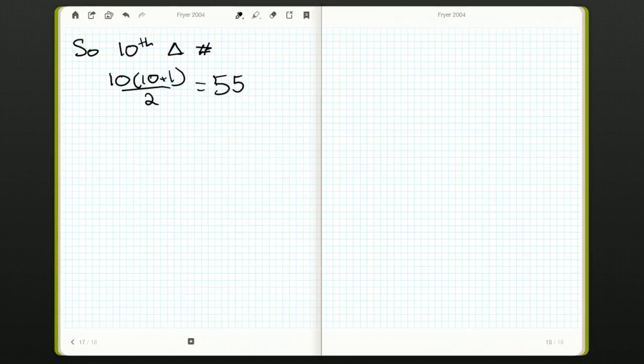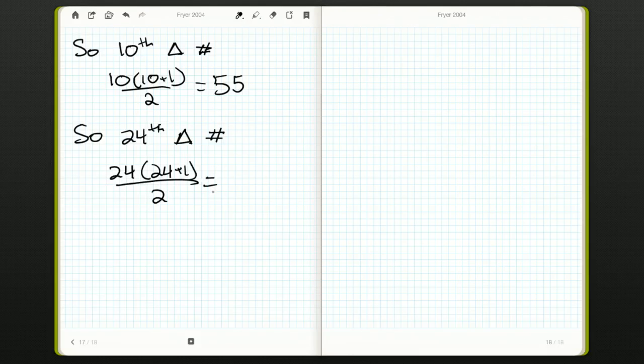And if you were unsure of the formula, you could actually add up 1 plus 2 plus 3 all the way up to 10. If you've seen triangular numbers enough, you just sort of know the first 10 or so. So the 24th triangular number is 24 times 25, all divided by 2, which is 12 times 25.